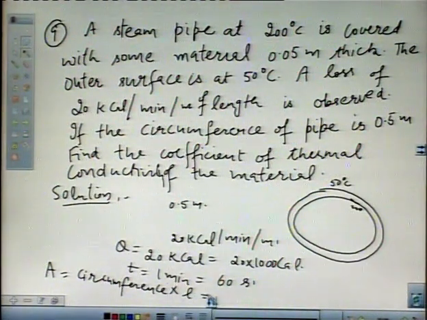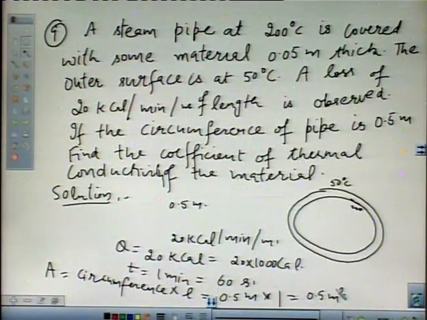The circumference is equal to 0.5 meter and the length is 1 meter. So this is equal to 0.5 meter square. Now the inner temperature is 200 degrees Celsius and outer is 50 degrees Celsius.